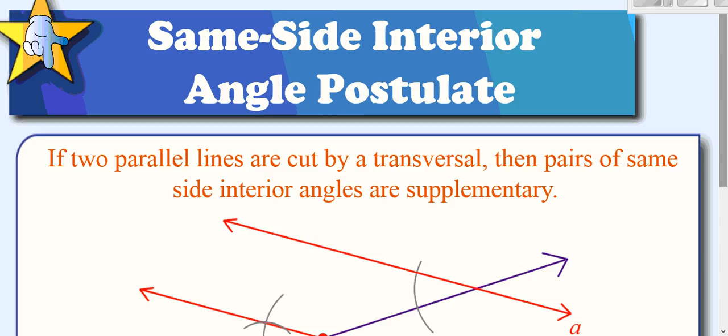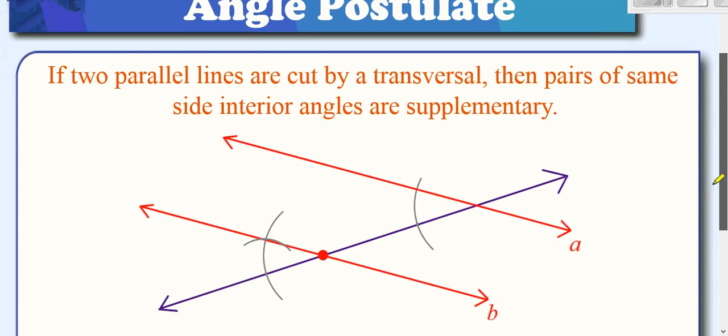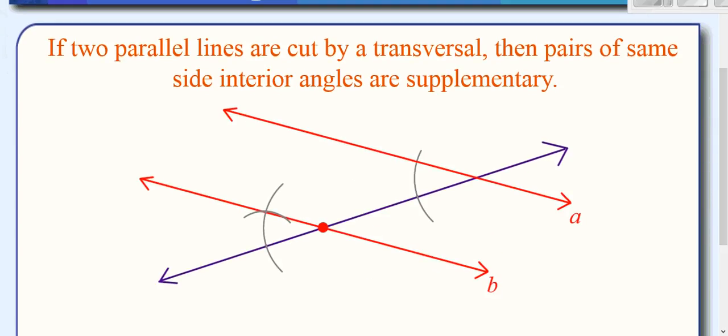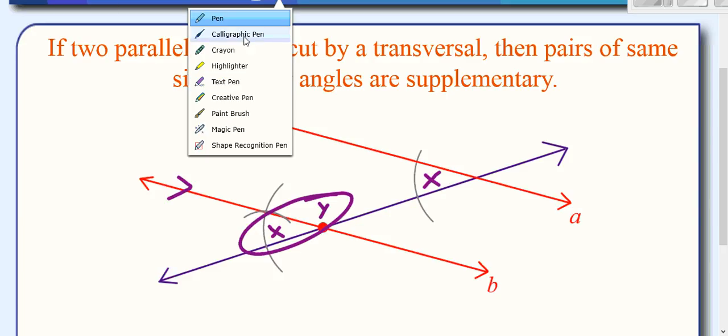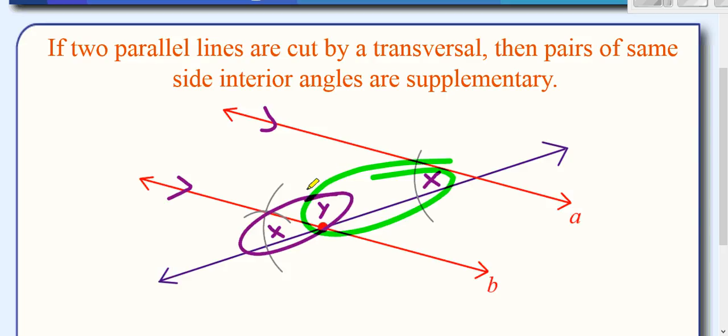So, like we just mentioned, same side interior angles, if the lines are parallel, and these lines are parallel, then remember we said this was x and this is x, they're the same thing. And this is y. X plus y equals 180 because that's a linear pair. But that means then that also x plus y there, because it's the same x, the same number, those are also equal to 180.